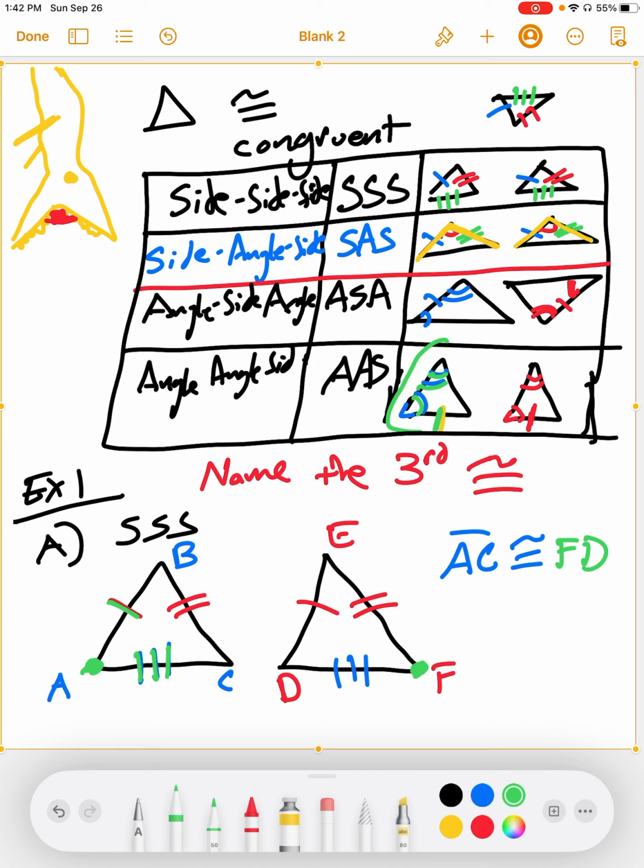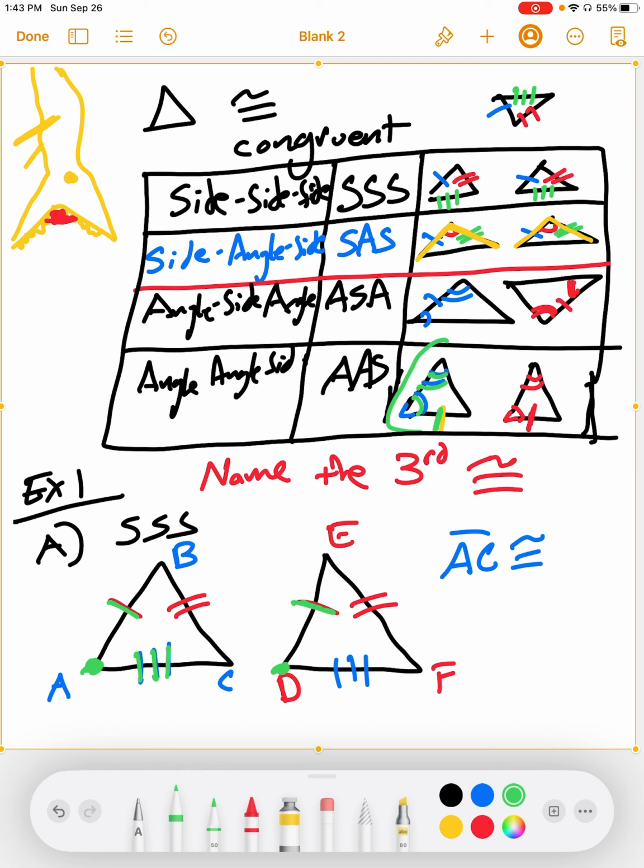Okay, is that exactly the same? It's not, right? It's specifying the same side, but when I start at F, it's actually touching the side with two hash marks. Okay, we want it to touch the side with one hash mark.